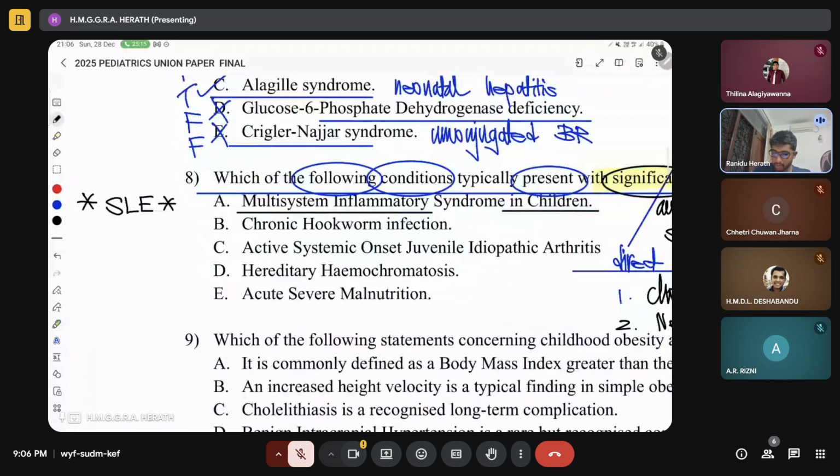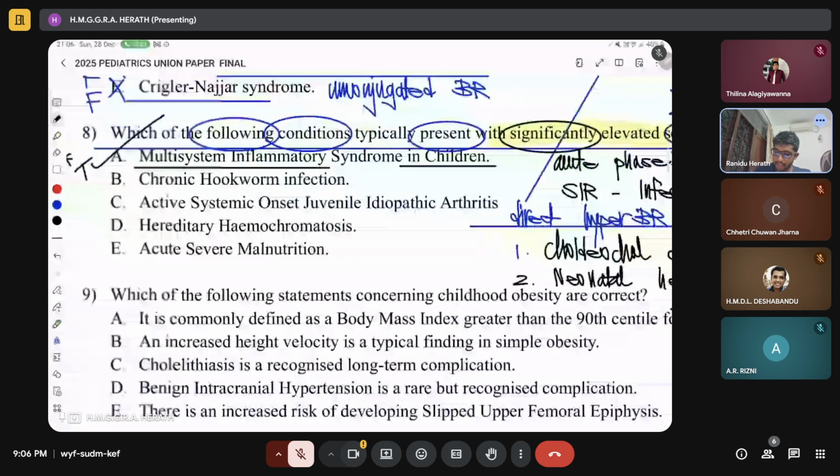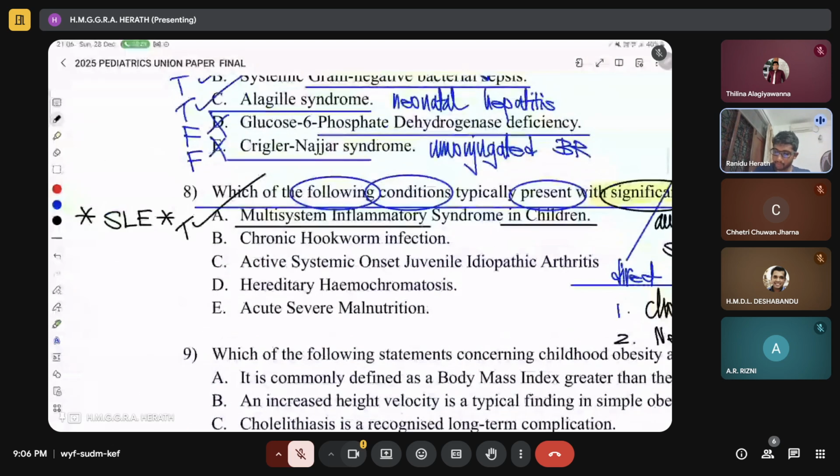That is due to an autoimmune condition. There you get a lot of inflammatory response, cytokines and different inflammatory mediators. So the serum ferritin levels do increase in multisystem inflammatory syndrome, right?